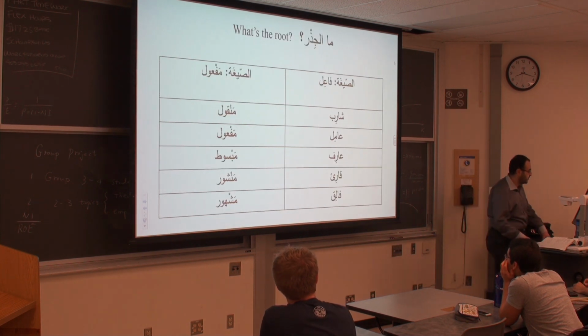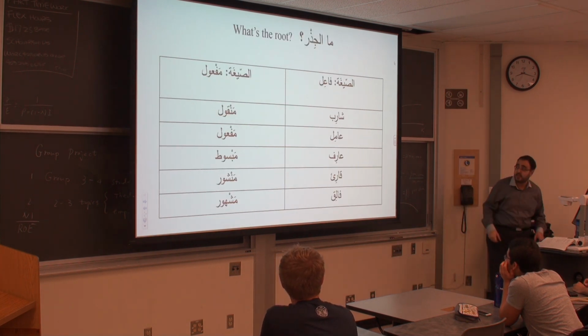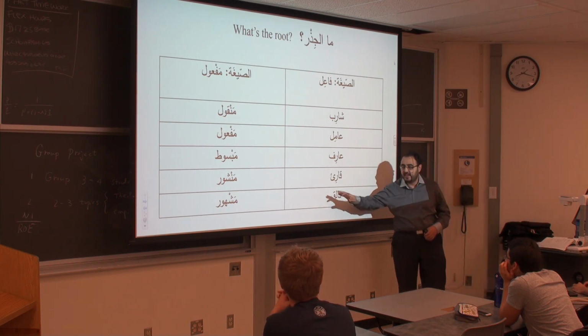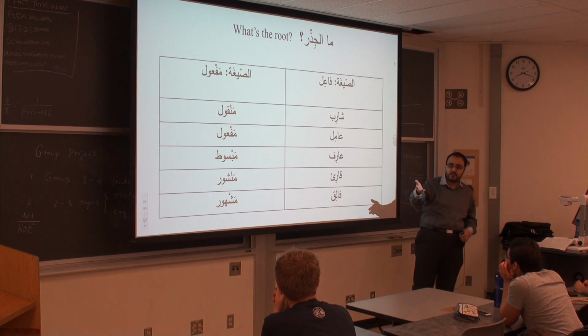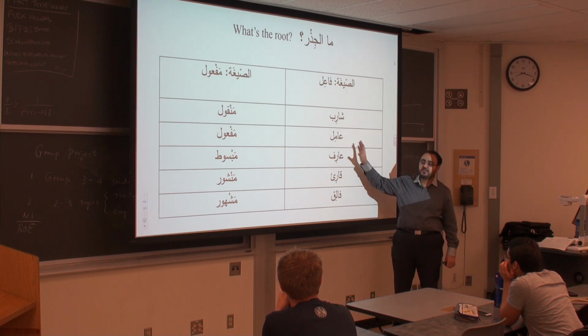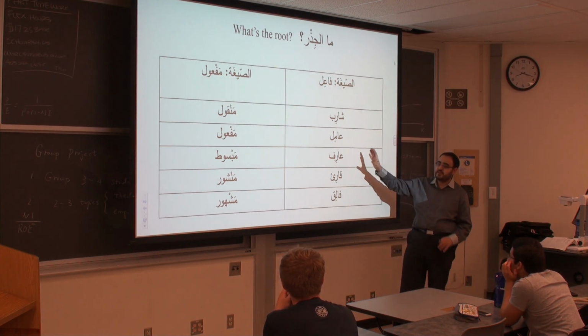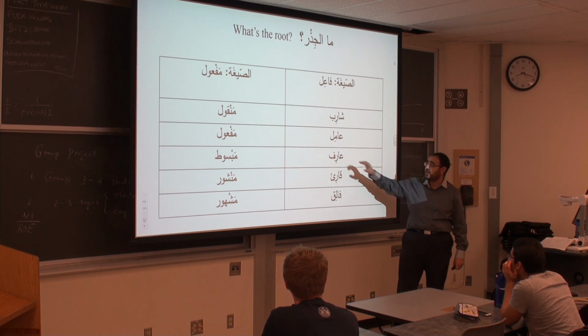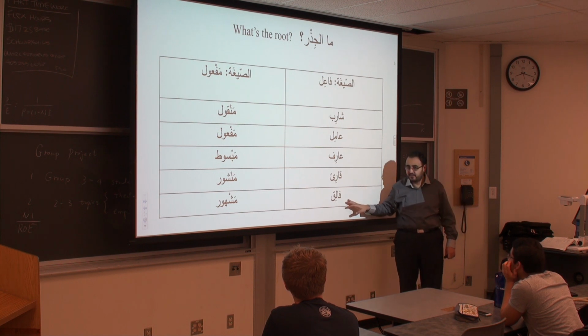So this is the first activity that we did yesterday. So in these cases, okay, this is an easy example of how to get out the root, okay. So in this case, okay, the word is just following the pattern without any prefixes or suffixes to the pattern. So sharib, amil, arif, qari, faliq.